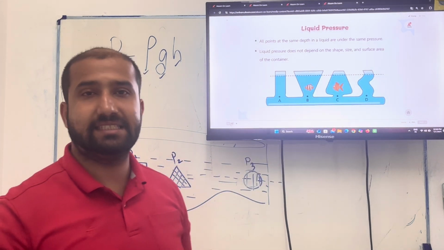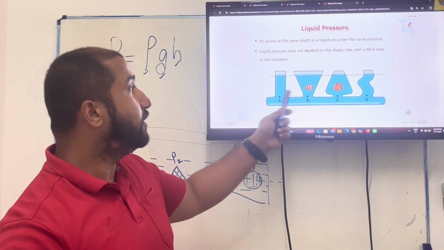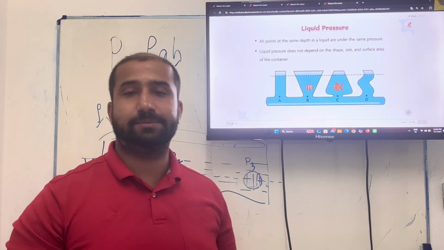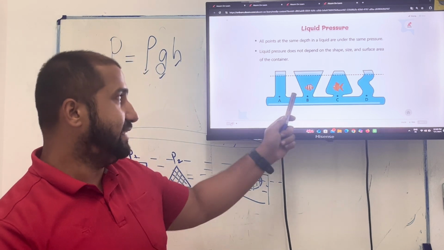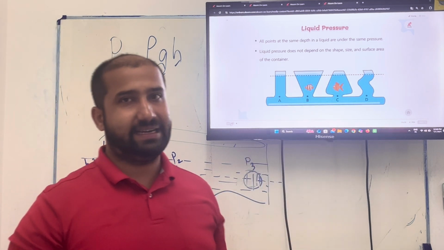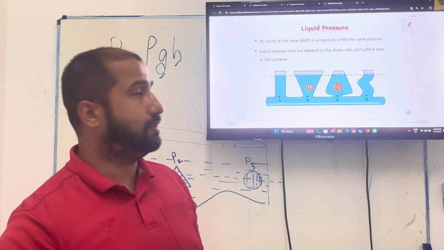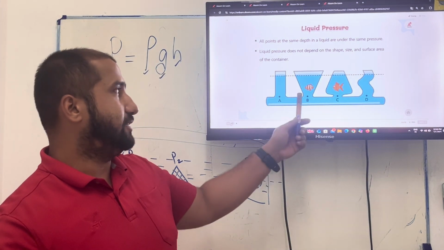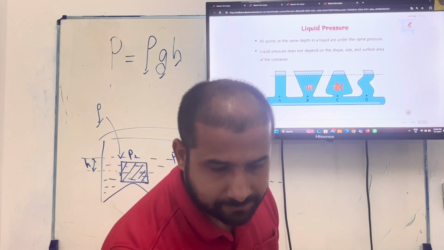That means the density of the liquid is also the same. That's why both the fishes will experience the same amount of liquid pressure, since they are at the same depth in the same type of liquid with the same density. That's why they are experiencing the same amount of liquid pressure.